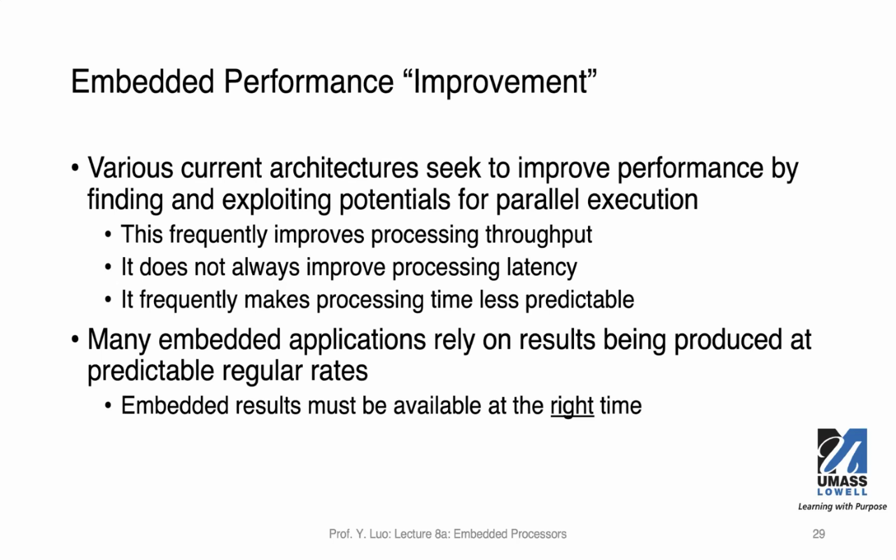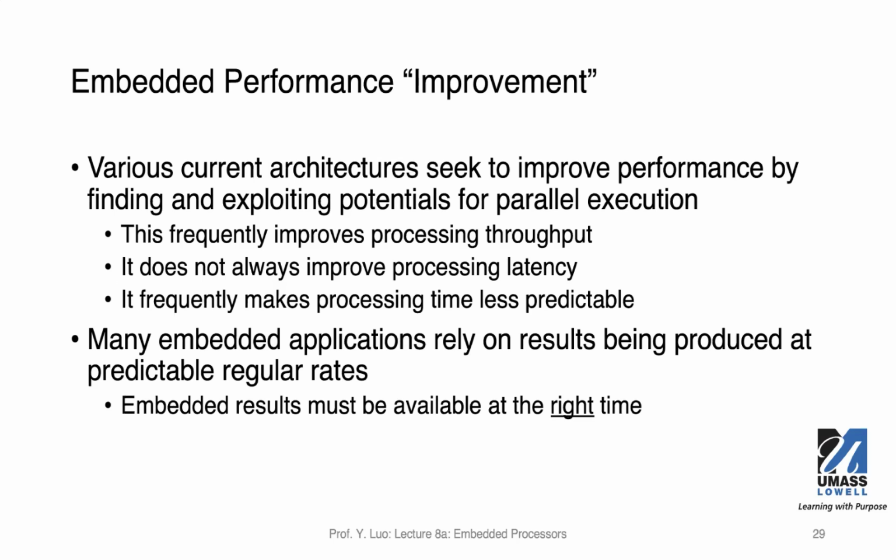If you have multiple cores, you have multiple processing units, you can improve the processing throughput because essentially you can assign different tasks on separate processors. But it does not always mean that you will take shorter time to finish processing one picture. So that's one thing I want to clarify when we talk about this parallel execution.